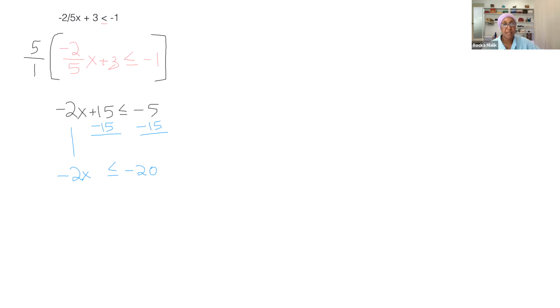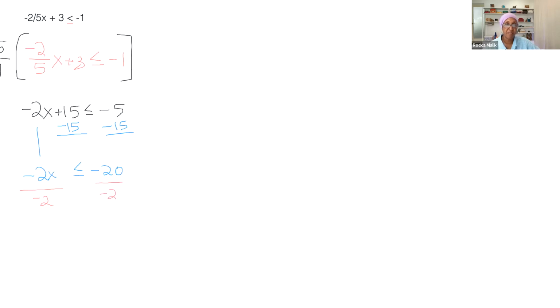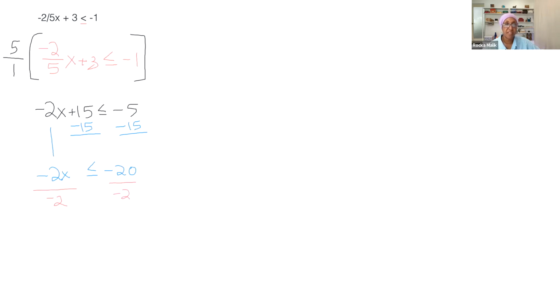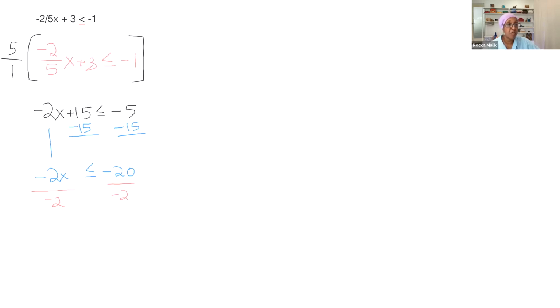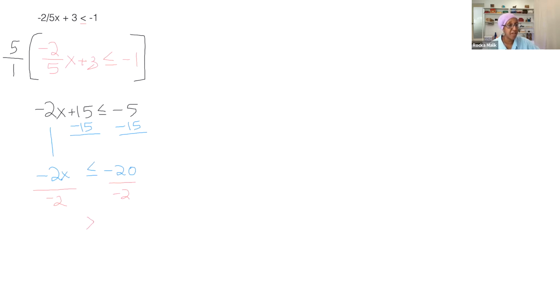I want to get x by itself, so I'm going to divide away the -2. Anytime I multiply or divide by a negative, I change my sign. So I'm going to change my sign before I do the work because I'm old and I may forget. So now I have x greater than or equal to 10.